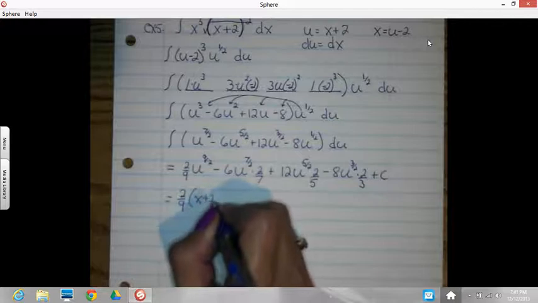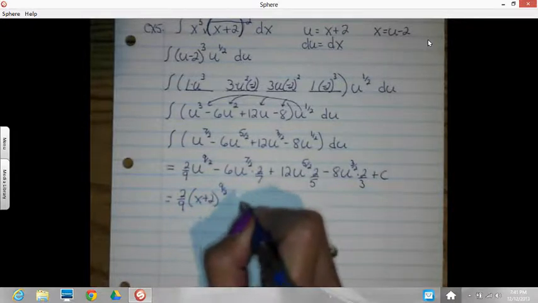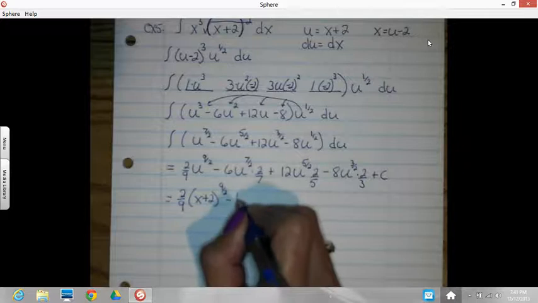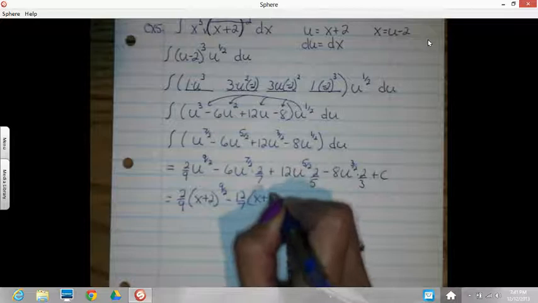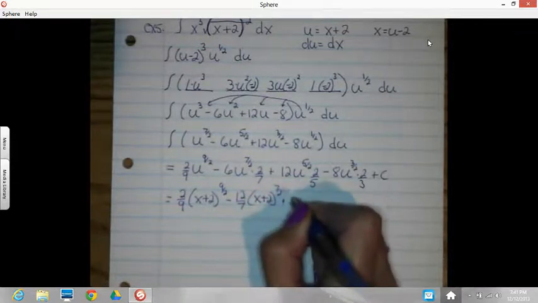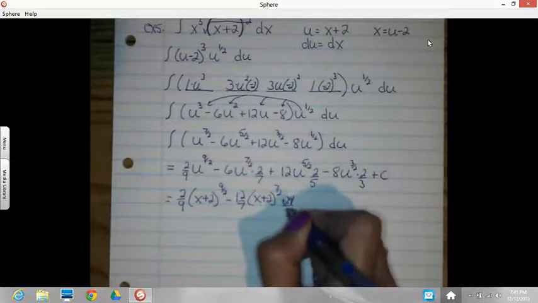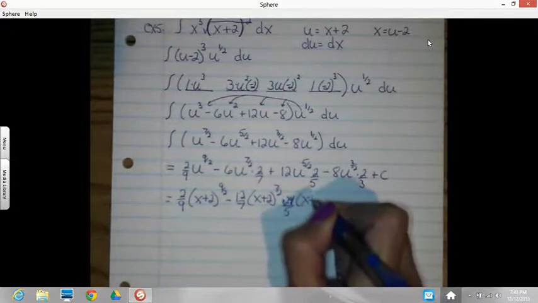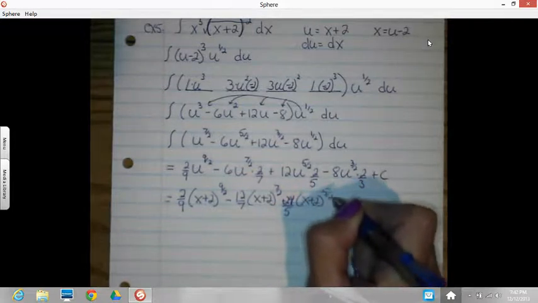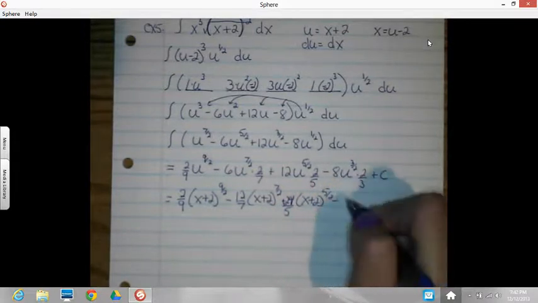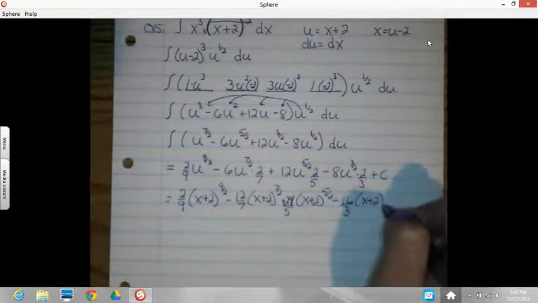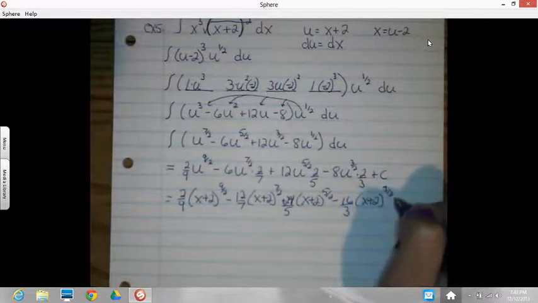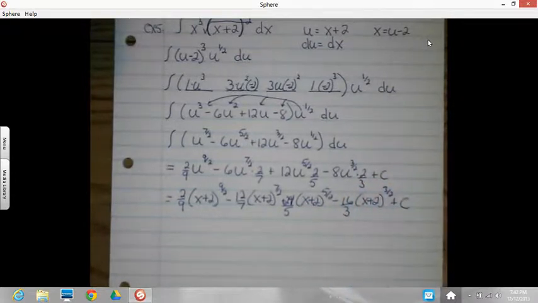Let's see, that'll be minus 12/7 x plus 2 to the 7/2 plus 24/5 x plus 2 to the 5/2 minus 16/3 x plus 2 to the 3/2 plus c. Whew. And let's just do a couple of quick trig ones and call it good.